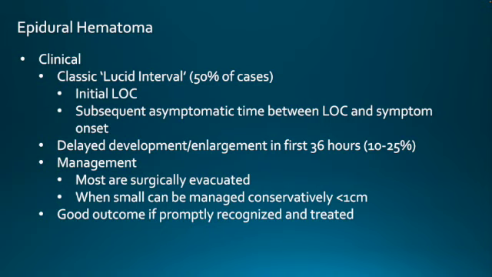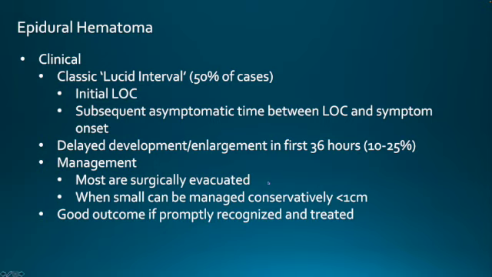Because these are arterial bleeds and because they tend to get larger in the first 36 hours, the management of these is surgical. So almost all of these are surgically evacuated if they are of any size at all, because they can get very big very fast and the patients can run into trouble really quickly. When they're very small, less than a centimeter in diameter, they can be managed conservatively.